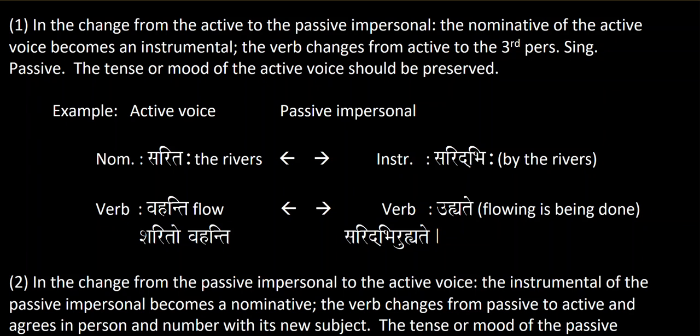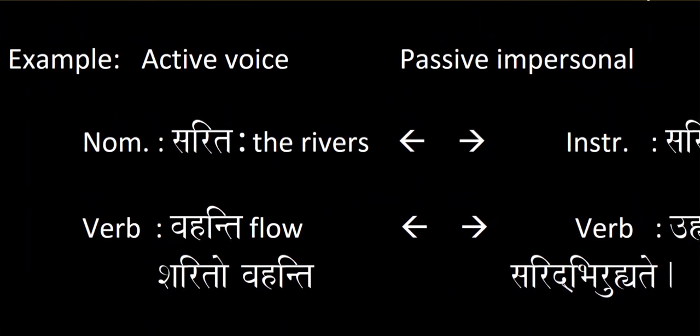On the left side, we have an example sentence in the active voice, and on the right hand side, we have an example sentence of the passive impersonal. The example for an active voice for nominative is saritah vahanti, which becomes saridbhir uhyate.